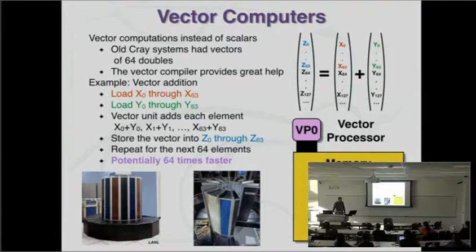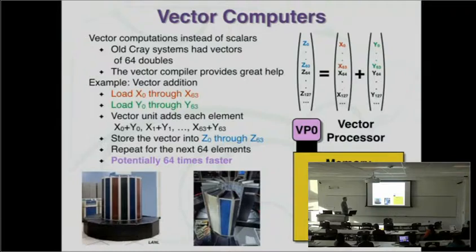And the biggest thing conceptually is a vector computer, instead of working on one thing at a time, in this case worked on 64 elements at the same time. So again, we're going to go over the same vector add, but instead of doing things one at a time, 64 at a time.